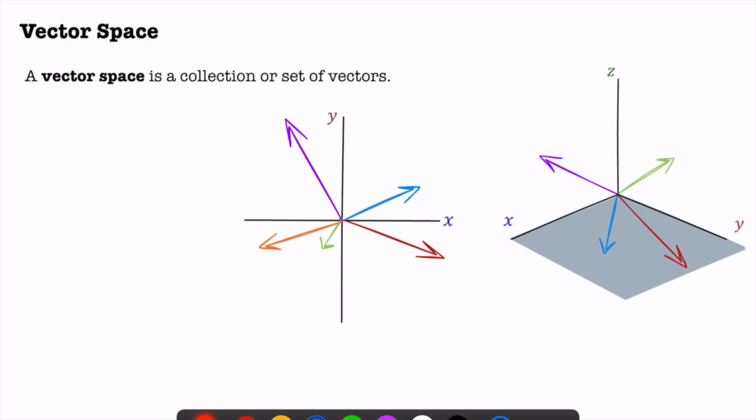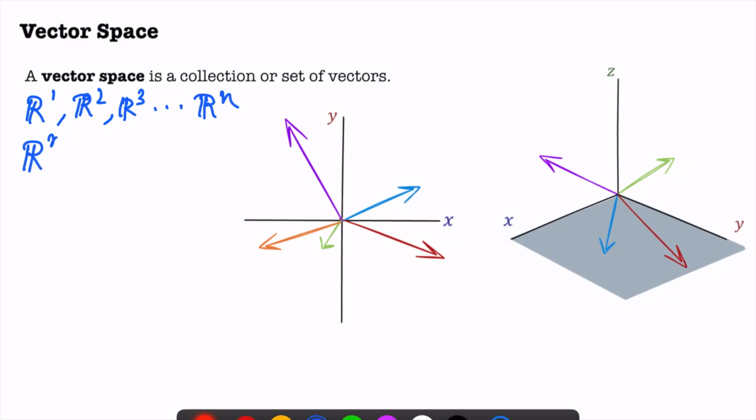A vector space is a collection or set of vectors. The most common vector spaces we know about are the R vector spaces like R1, R2, R3, Rn.